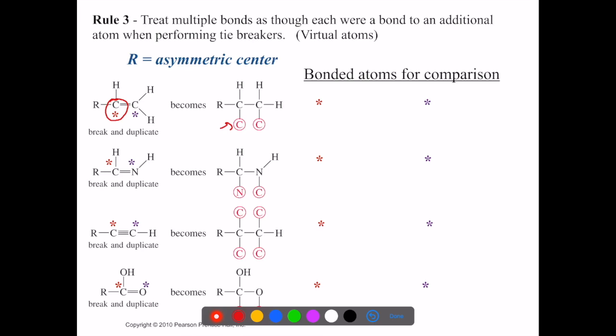So the first carbon, this R would be like the chiral center, like this group is on the chiral center, and we're trying to rank it. Is it high priority, low priority, or somewhere in between? So the first carbon here has a carbon and a hydrogen. And if we had to go to the next one in the chain, which is the other end of the pi bond, this is where it gets tricky.